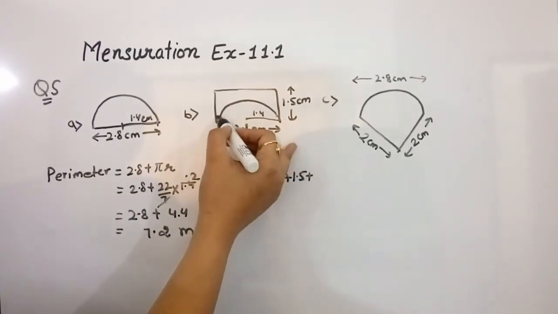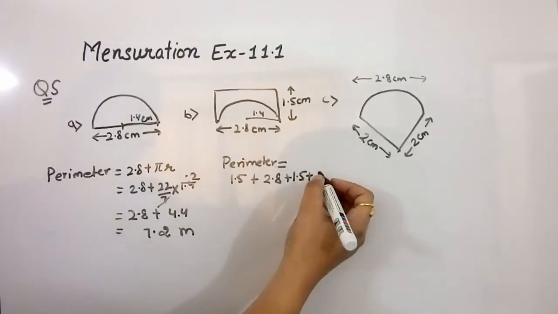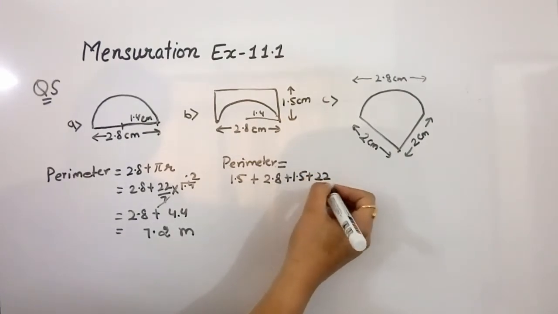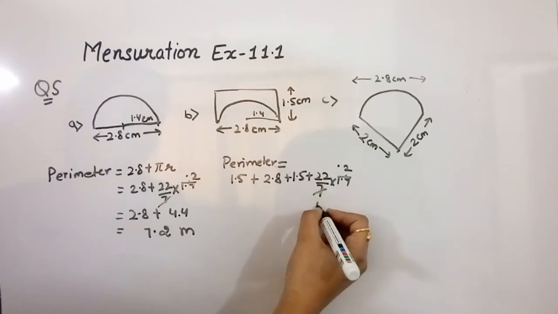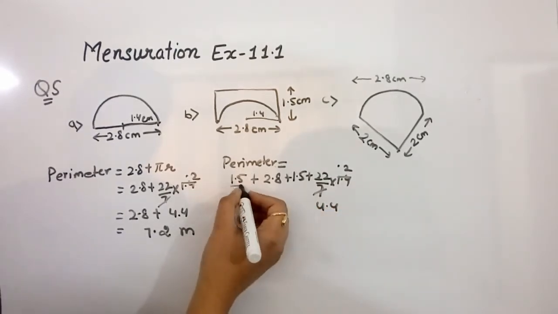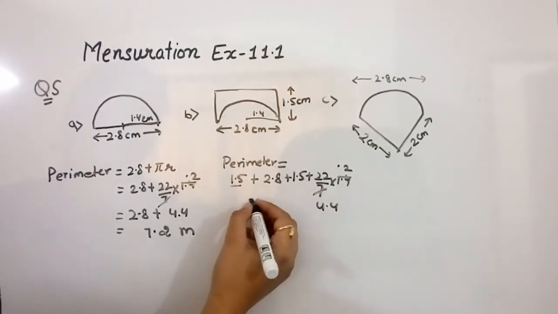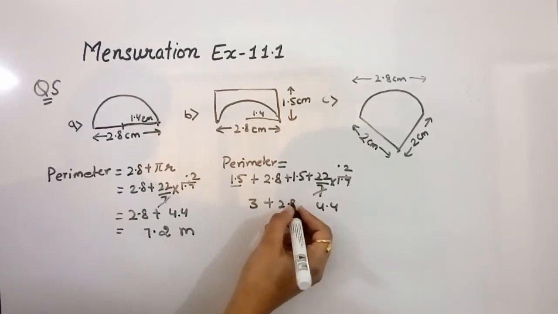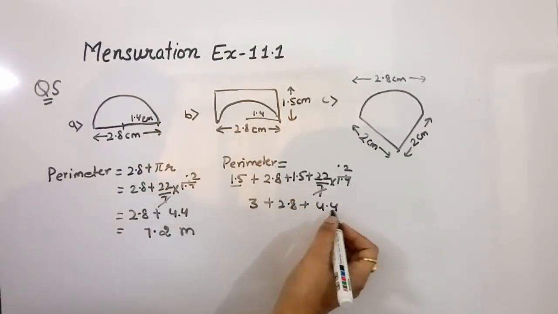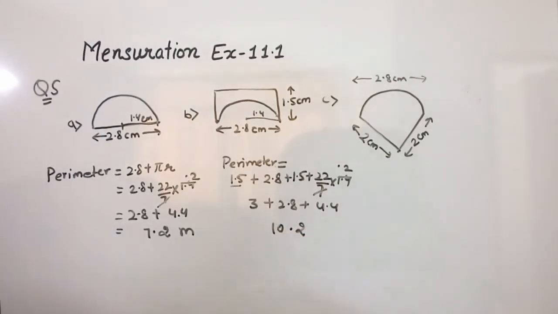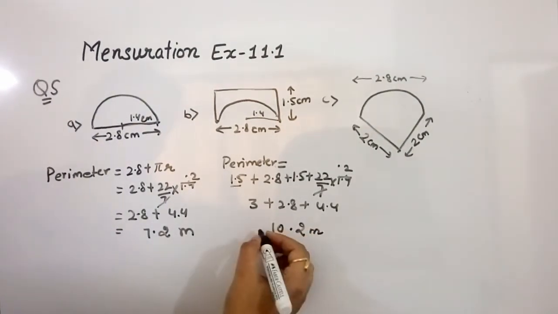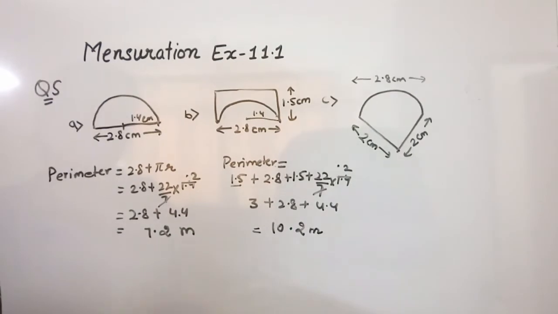So the circumference of this is pi r, 22 by 7 into 1.4. This plus this is 3 plus 2.8. This comes out to be 10.2 meter. Perimeter of figure B is 10.2 meters.